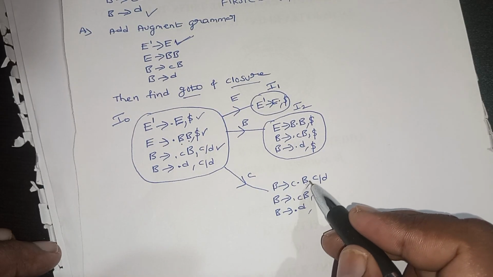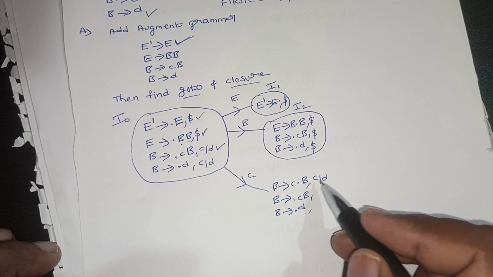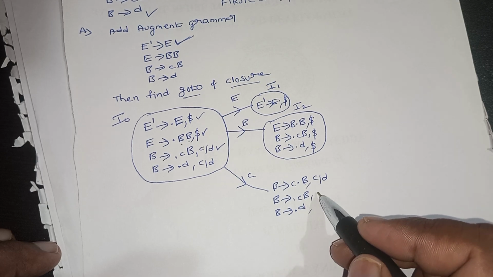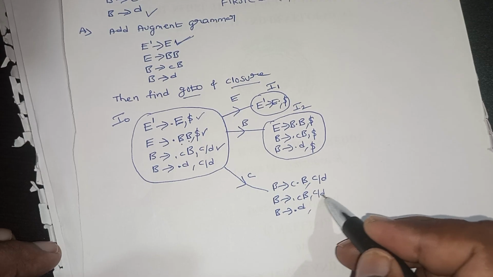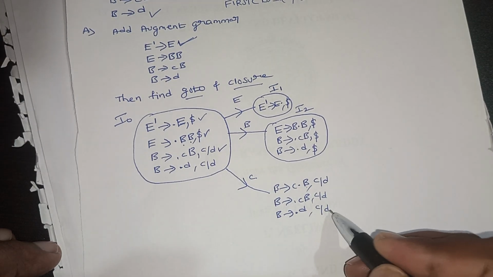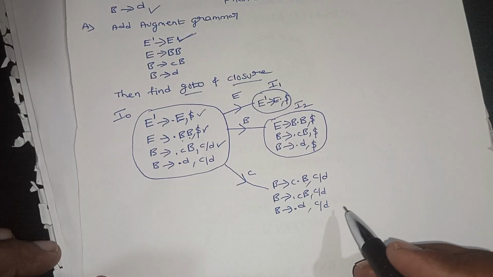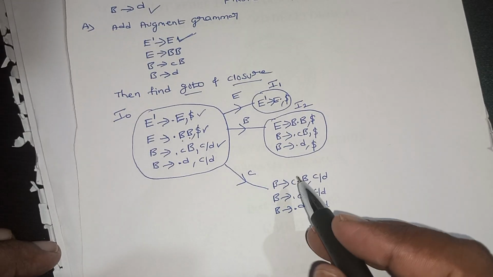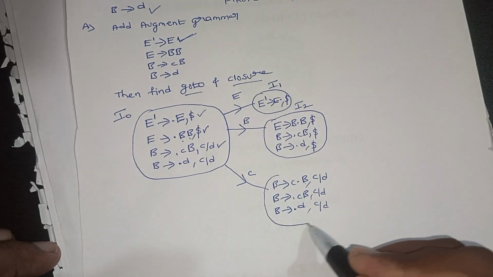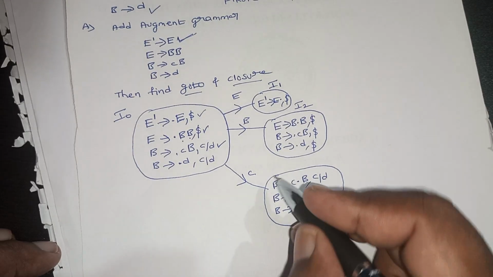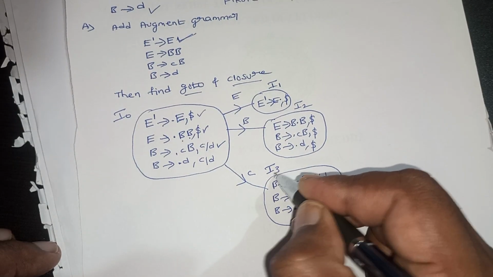After this capital B, I don't have any variable. Then what you have to add? Straight away you carry forward here. Copy C by D. Okay, not by D, it is C and D like that. So you name it as I3.